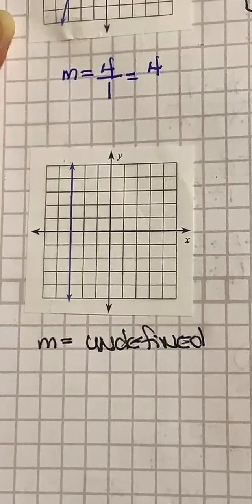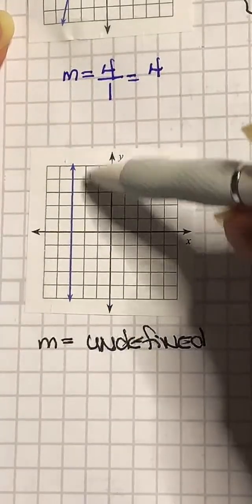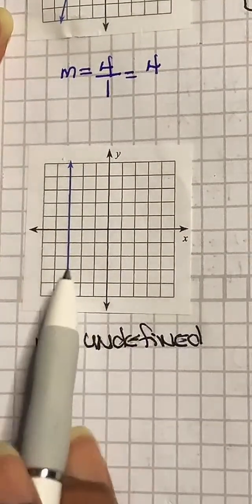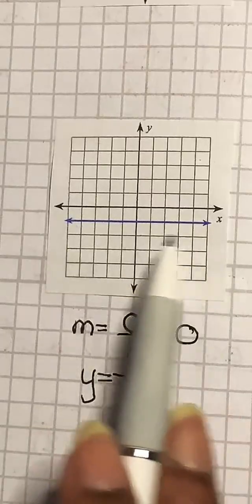Okay, so when it's just a vertical line straight up and down, it's undefined. When it's a horizontal line, like over here, that's going to be a 0 slope.